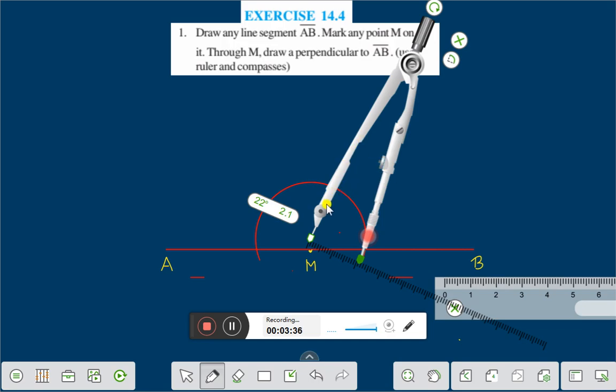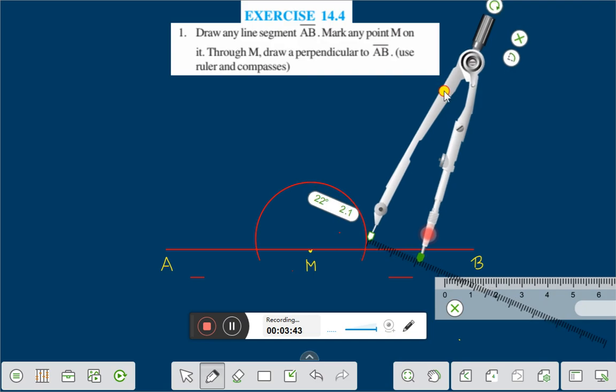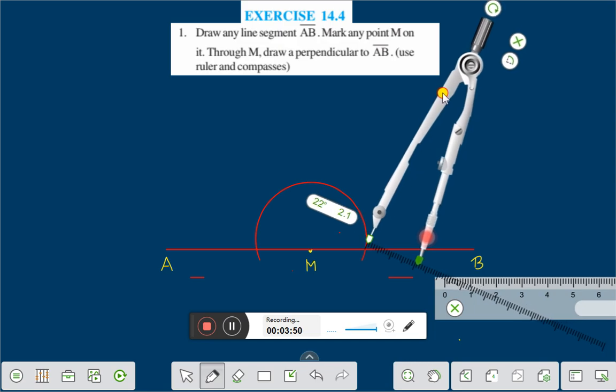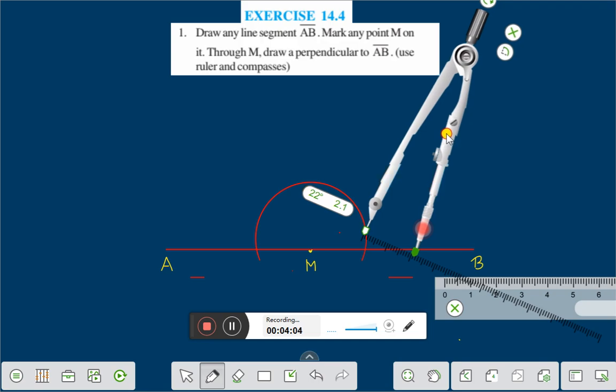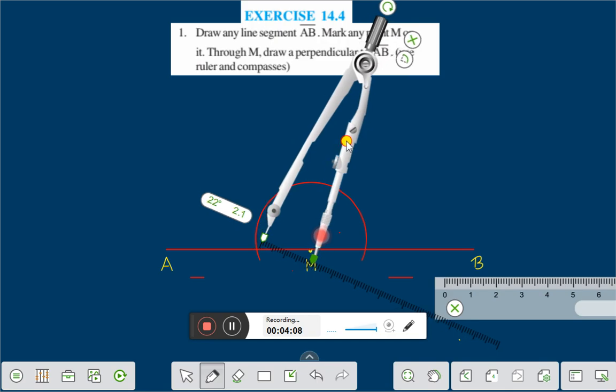Now what do we have to do? We have to place this pointer at this point. And again, you have to take an arc on this bigger arc, right?